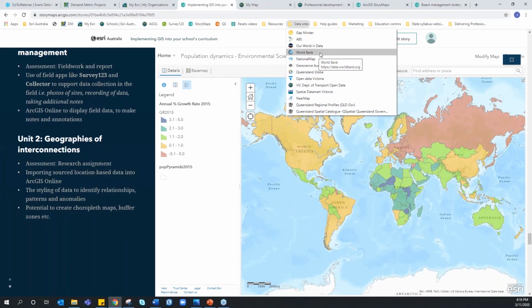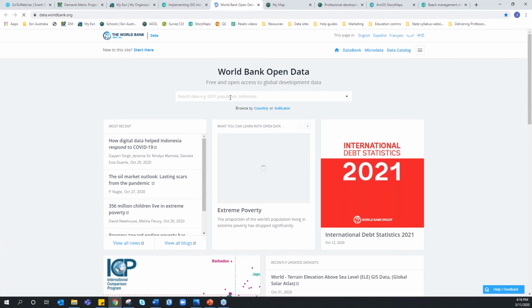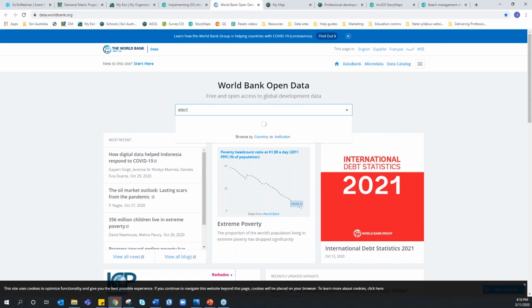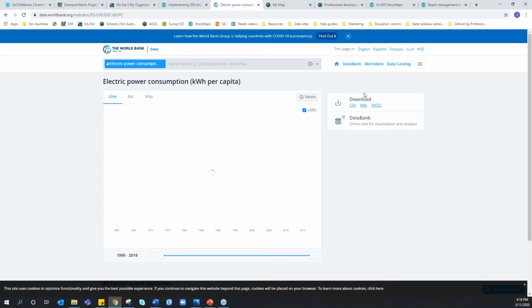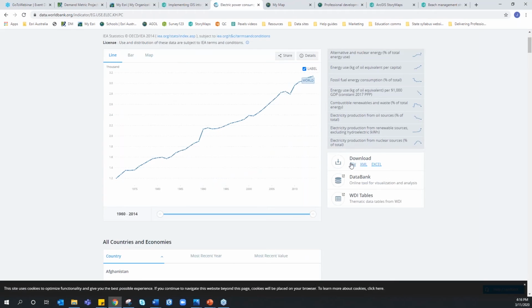What these sites give you is, I might actually visit this real quick and show you in case you're unaware of World Bank. You can search up a country or search up an indicator. Let's look at electricity, for instance, electric power consumption. And I can download this data in a table format, so a CSV or an Excel.